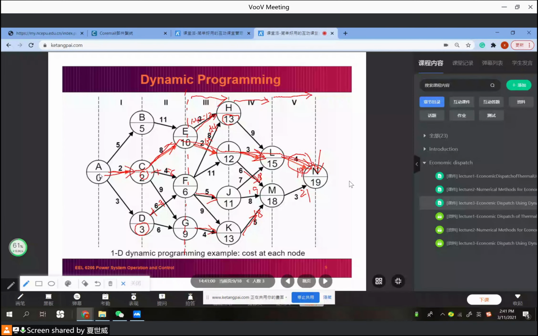Any question for this? It's a very simple mathematical problem. We calculate stage by stage and found the best route is ACEILN.